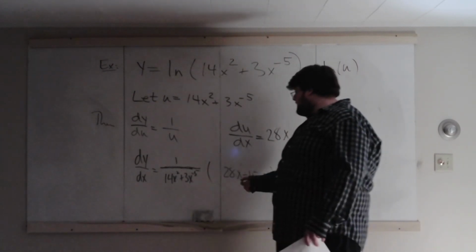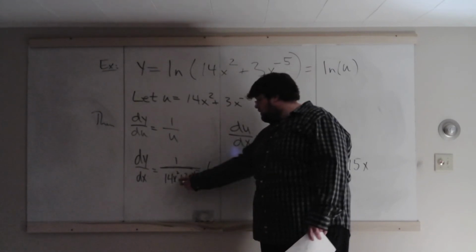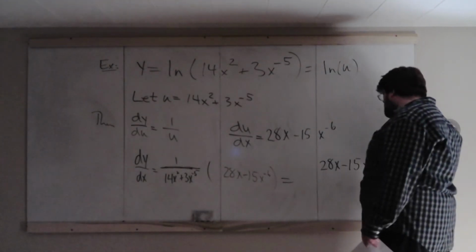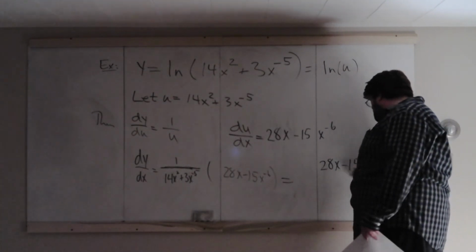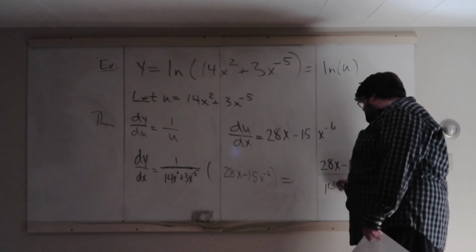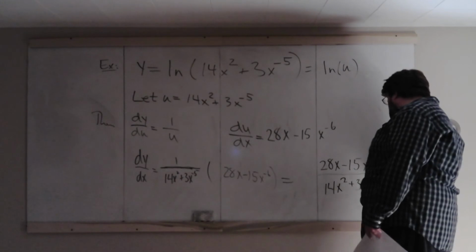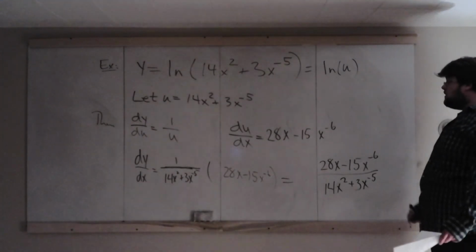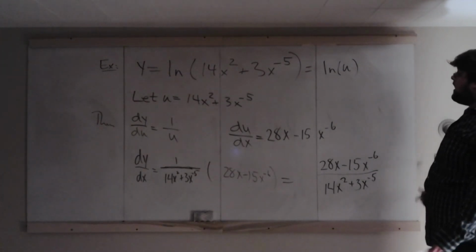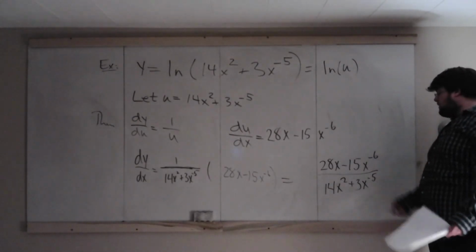We can just write that as this in the numerator, and then that denominator is the same. So here, we could simplify that if we want. If we're asked to simplify it, that's how you would simplify it.